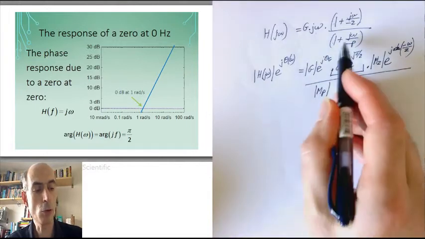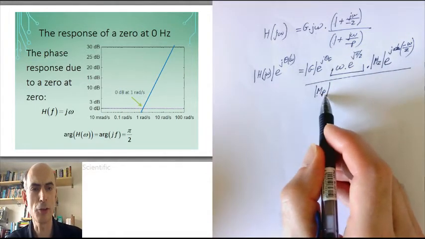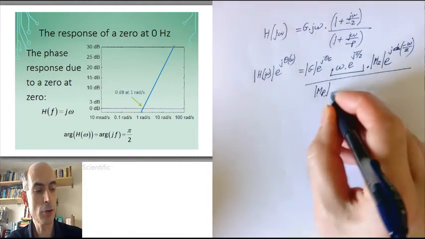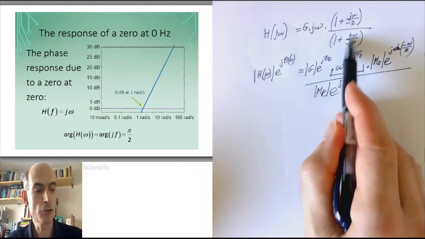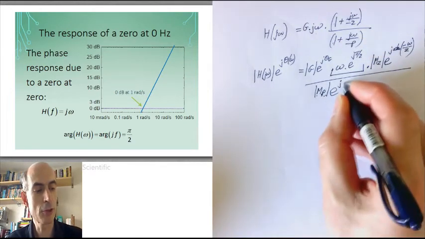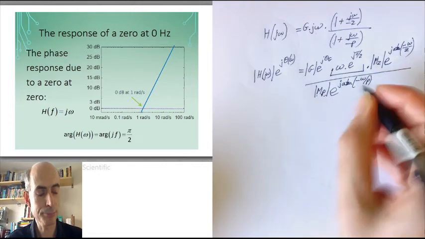The effect of the pole is just the magnitude of the pole. I'll just write it as that. It doesn't really matter for this discussion. The phase of this term here is e to the power of j times the arctangent of the imaginary component divided by the real component. In that case, this is arctan of minus omega over p.